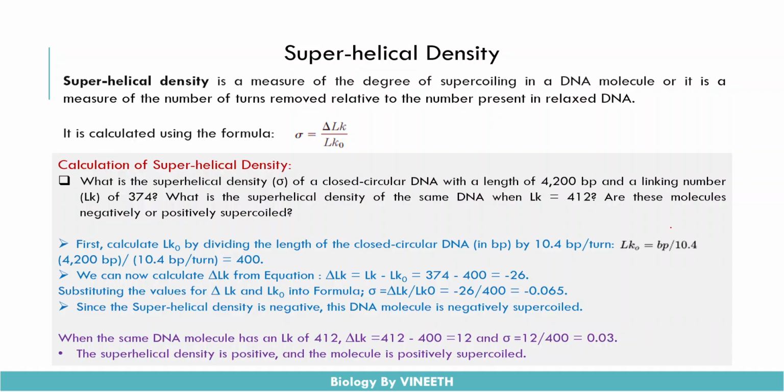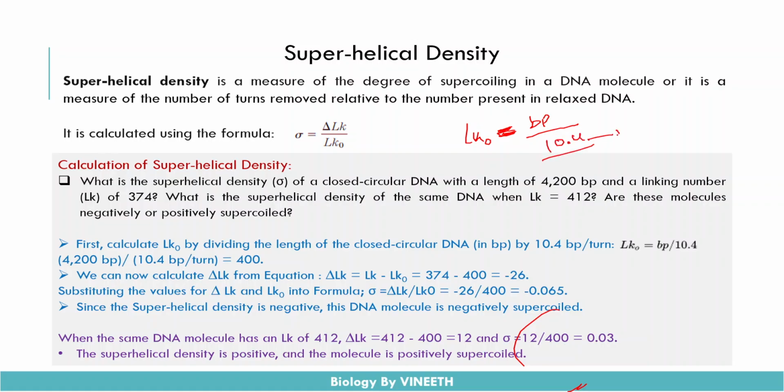So how do we calculate the superhelical density, which mainly relies on the linking number? First, you have to know the initial linking number. The formula for the initial linking number, Lk naught, is given by the total base pairs in the DNA sequence divided by 10.4.